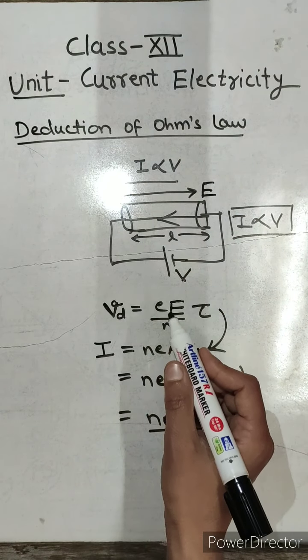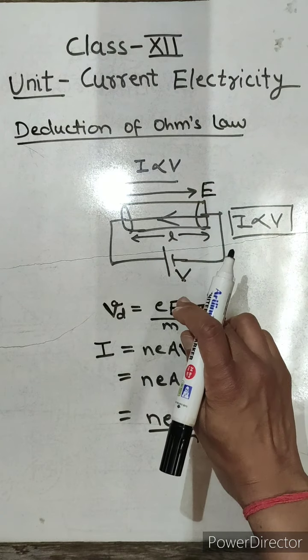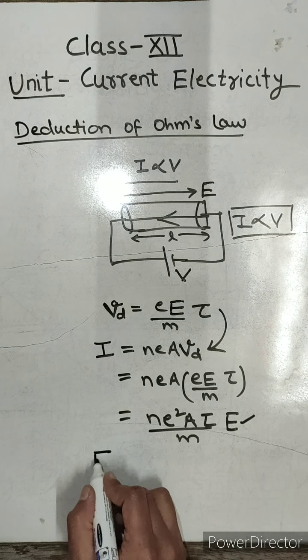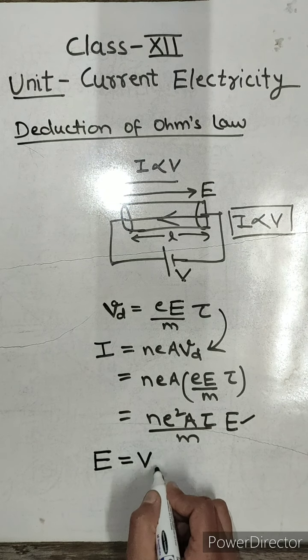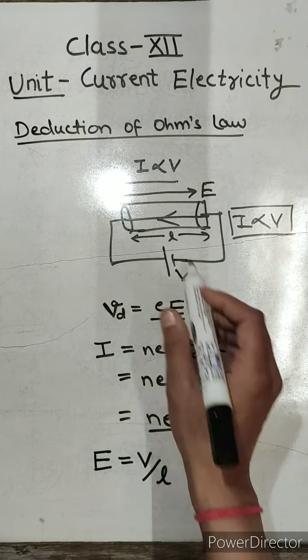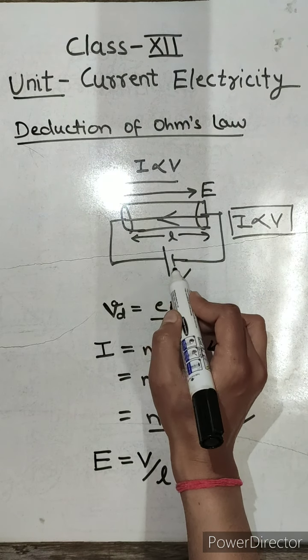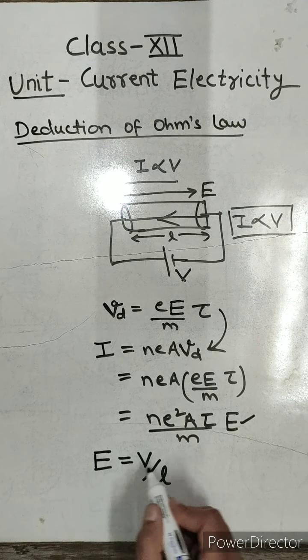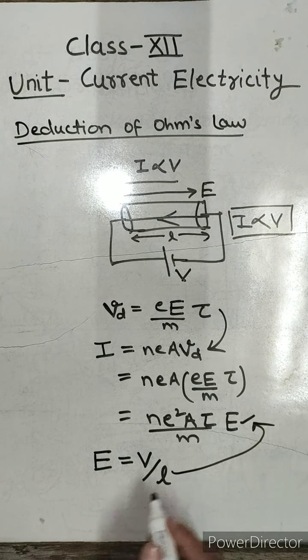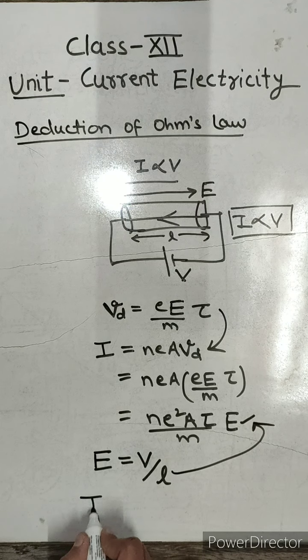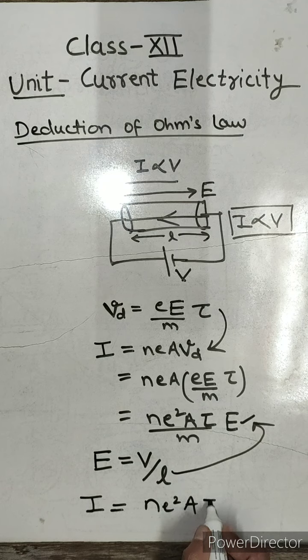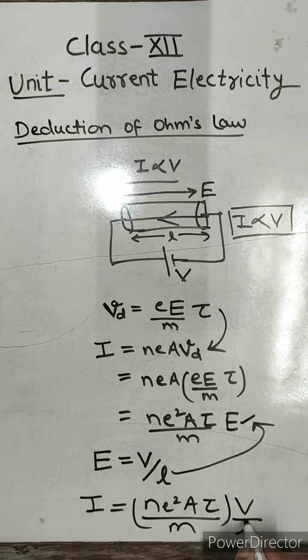Now if we remember the relation between this electric field and the potential applied, it comes out to be electric field is equal to V upon L, where L is the length of this conductor across which we are applying this potential. So now putting the value of E in the equation of I, we get I is equal to N e square A tau by m into V by L.